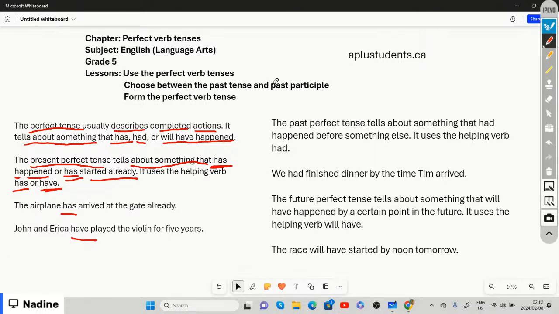So the past perfect tense tells us about something that had happened before something else. And it uses the helping verb had.